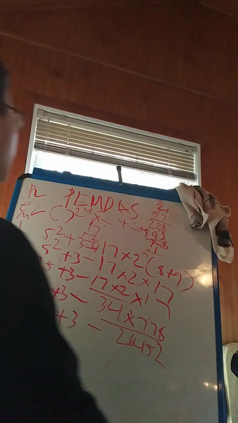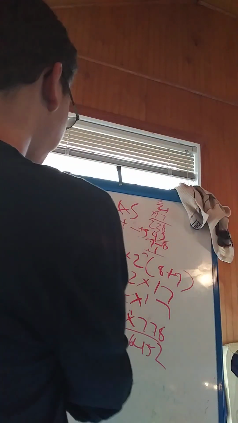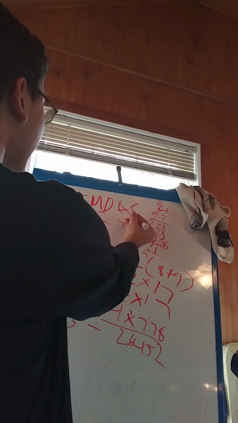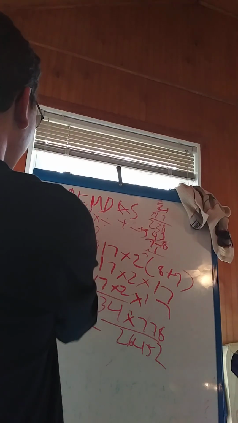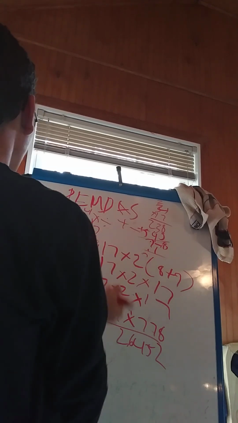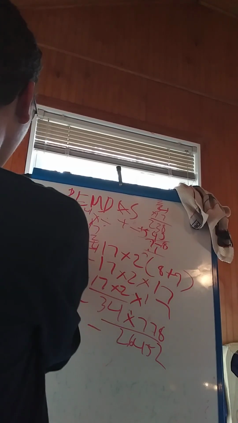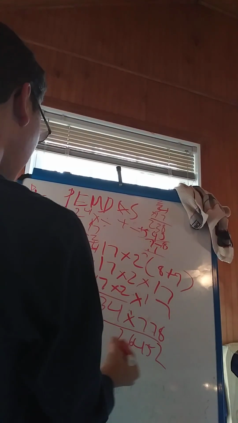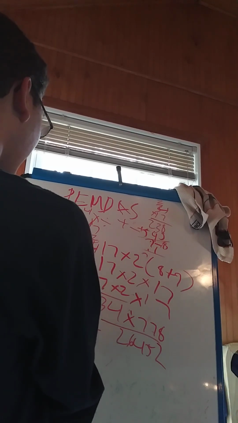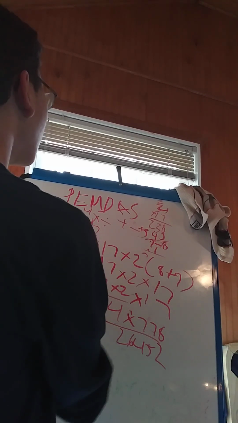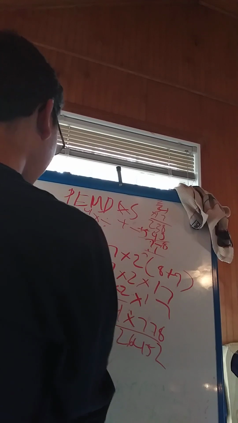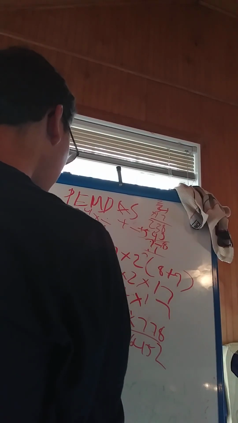So now we're coming to the final stages of the problem. So following this order, we don't have any division, so we check that off. Then all we have left is adding and subtracting. So we add 25 plus 3 because it's over here. 25, 26, 27, 28. And then we subtract that by over here. So 26452.